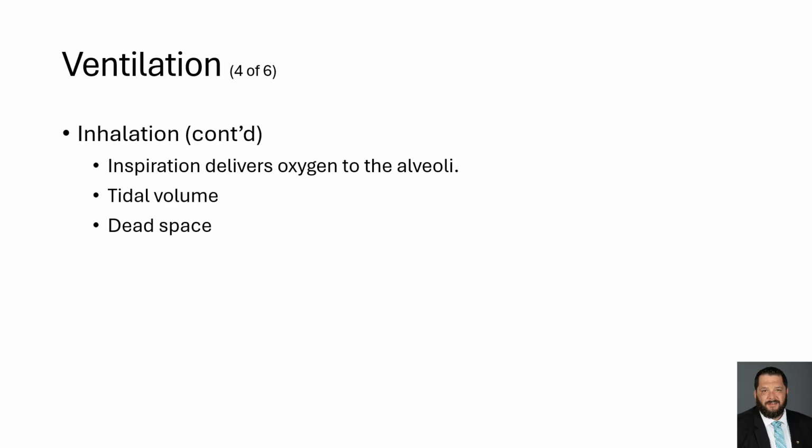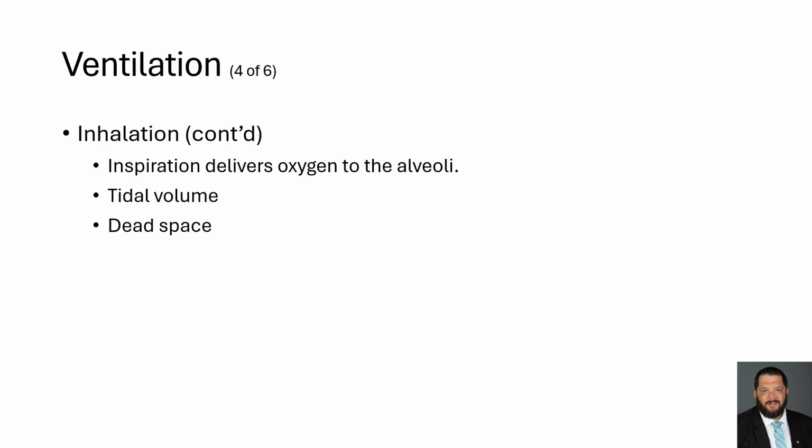Inspiration delivers oxygen to the alveoli. We can measure the volume of air moving in and out of the lungs, and this term is noted as tidal volume. Tidal volume for the average adult is about half a liter, or 500 milliliters. We do need to understand that not all air leaves the lungs during the normal inspiration and exhalation phases.